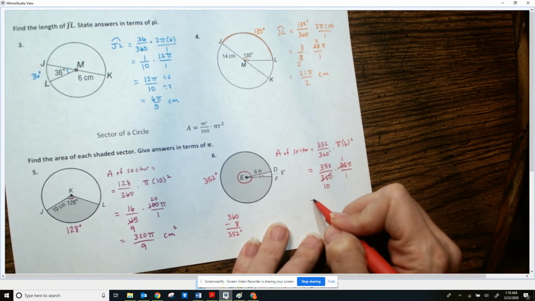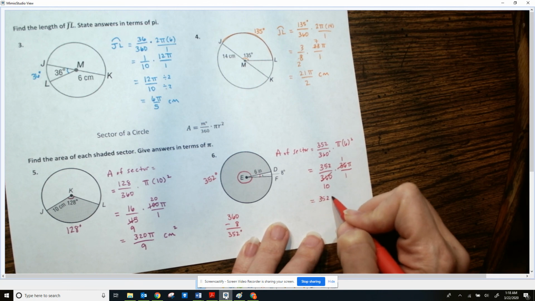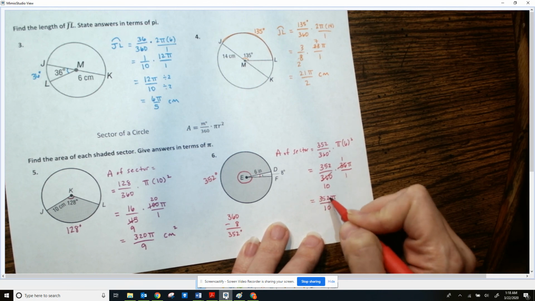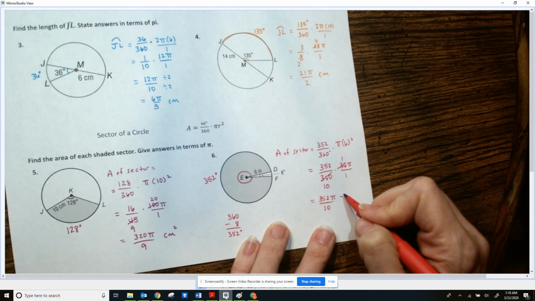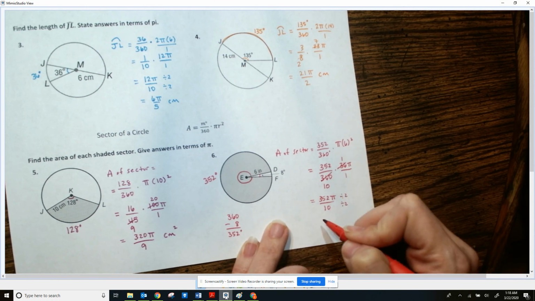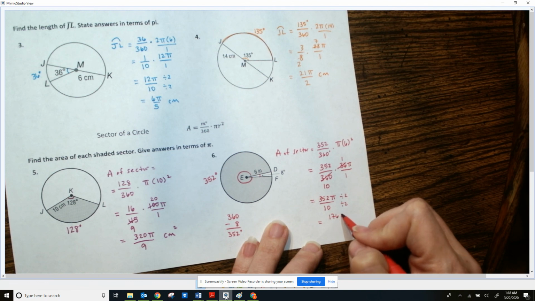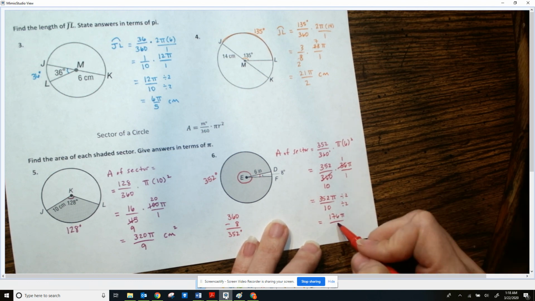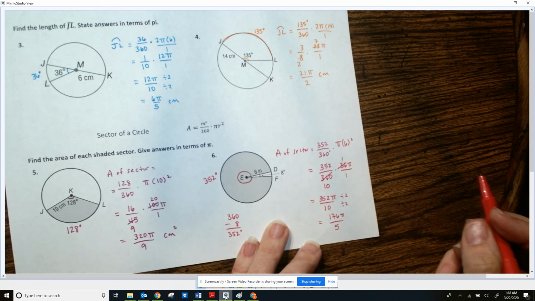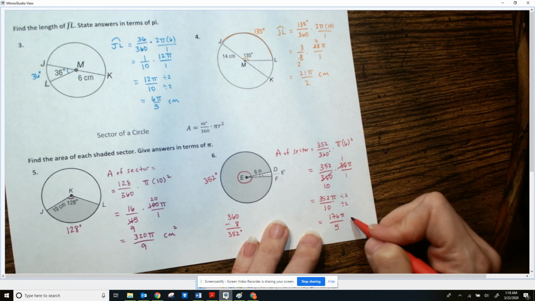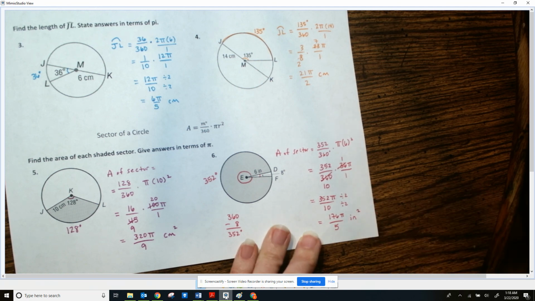Then I was able to do 352 pi over 10. These are both divisible by 2. And so 352 divided by 2 gives me 176 pi. And 10 divided by 2 is 5. Again, because it's an area, we're going to do inches squared.